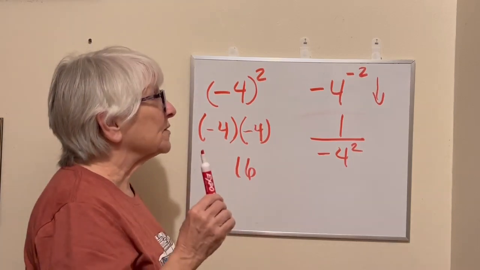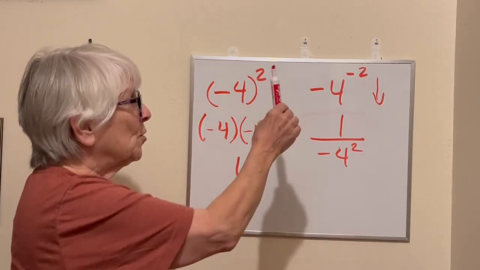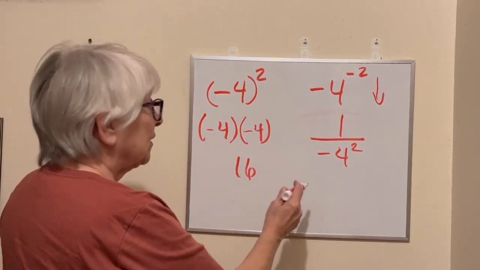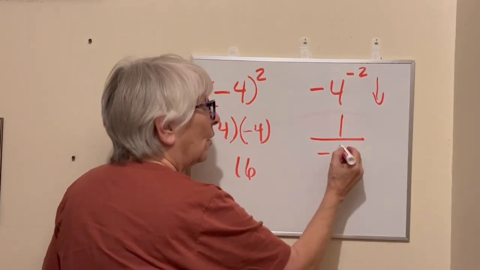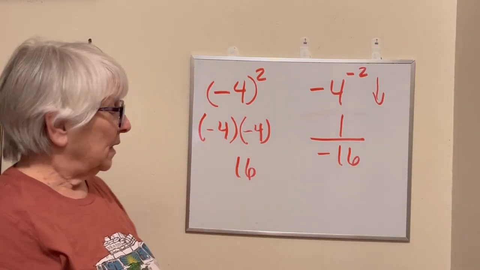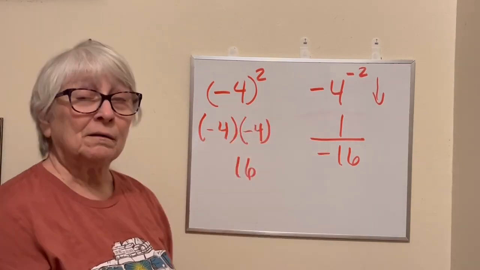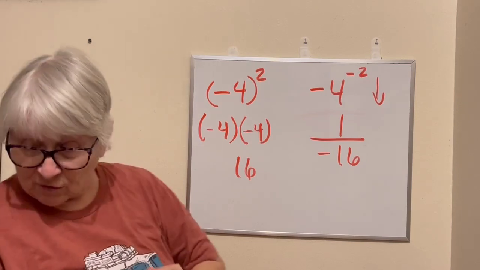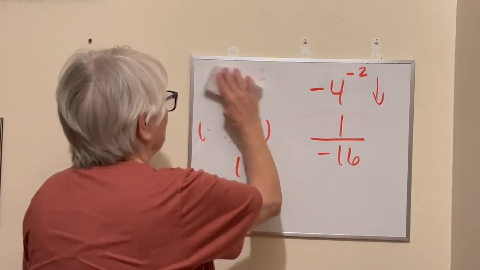All the negative sign on the exponent does is shift it from the numerator to the denominator, or the denominator to the numerator. So what is -4 squared? Well, that negative sign is not squared, only the 4, so it's -16. This is regular 16. This is 1/16, -1/16. So that's just a brief glimpse at what the negative exponents do.